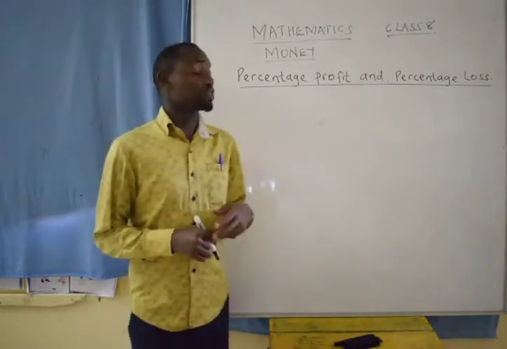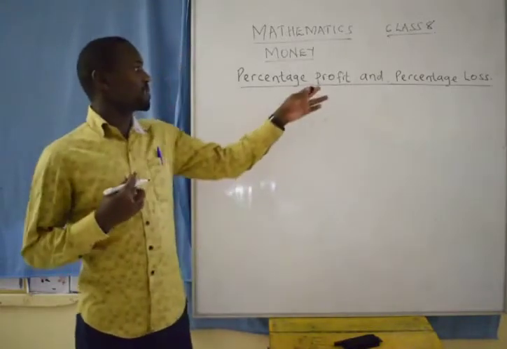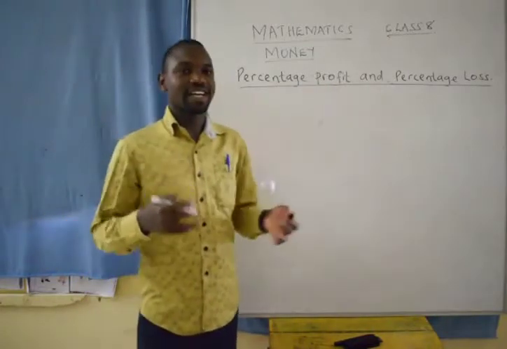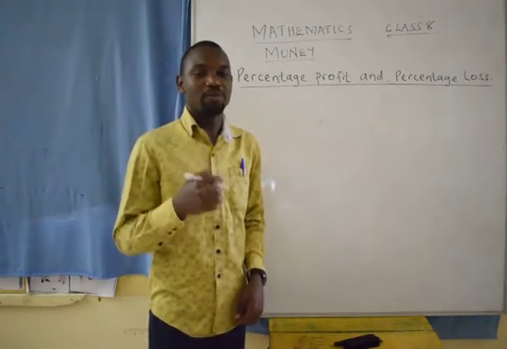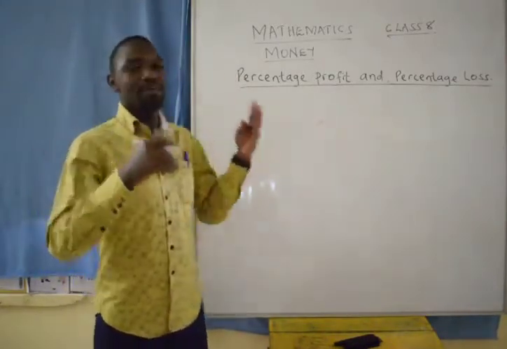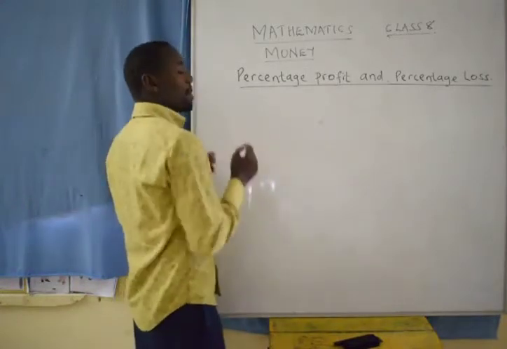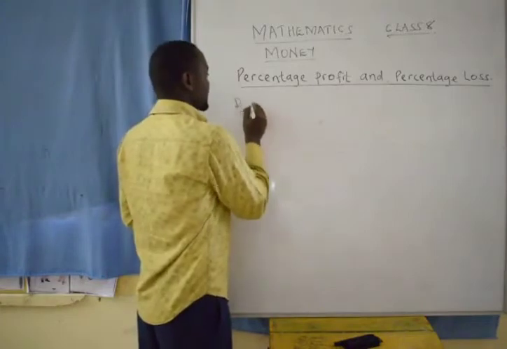Profit and loss were introduced in the previous classes, whereby profit is the amount of money that you get after selling an item at a higher price than the price at which you bought it. The amount of money that you spend when buying is called the buying price.